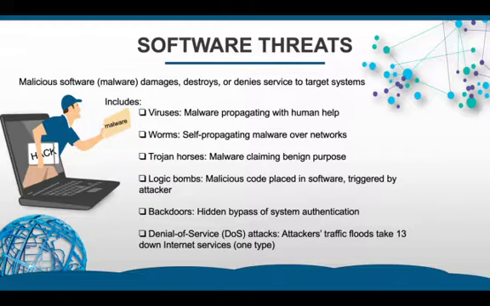Viruses are actually common, and denial of service is mostly common among distributed systems, what we call DDoSing. Viruses are self-propagating malware over networks. Then we have Trojan horses. Trojan horses are not actually viruses, but they contain viruses. And we have logic bombs, which are malicious code placed in software and triggered by an attacker.